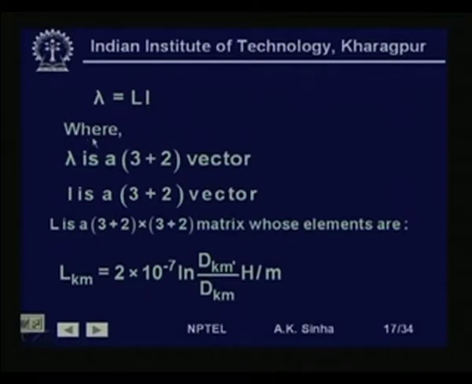Now, in this case, since there are 5 conductors, we have lambda for all the 5 conductors, that is lambda a, lambda b, lambda c, and lambda n 1, lambda n 2. So, lambda is a 3 plus 2 vector. I again, since the current is flowing in all these 5 conductors, I is a 3 plus 2 vector.